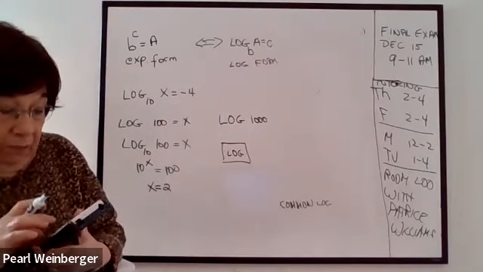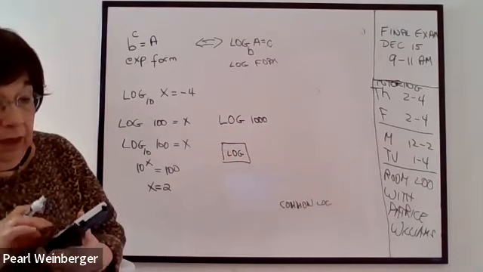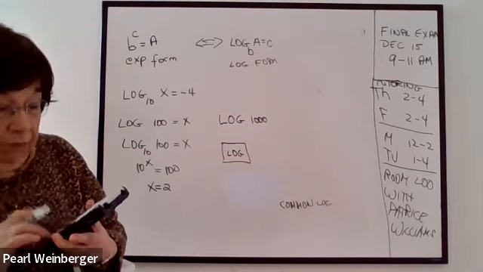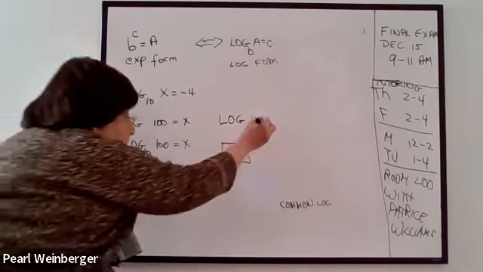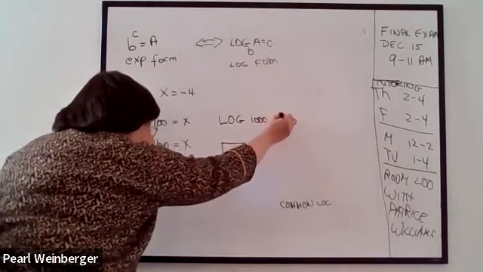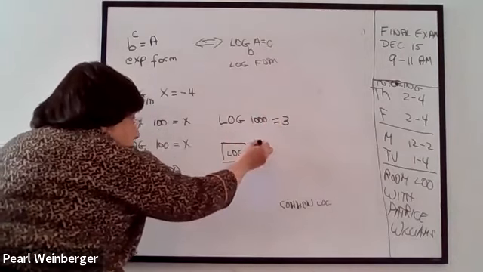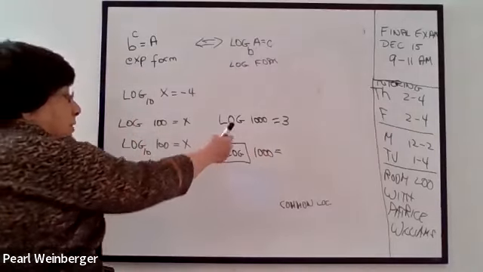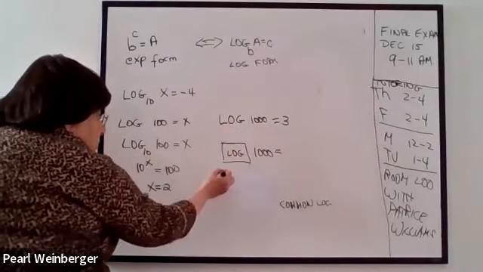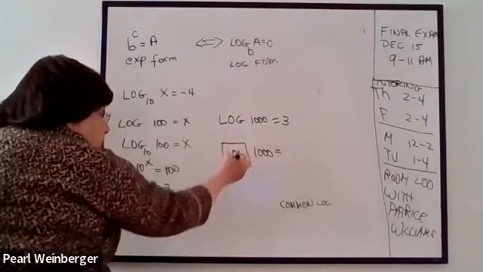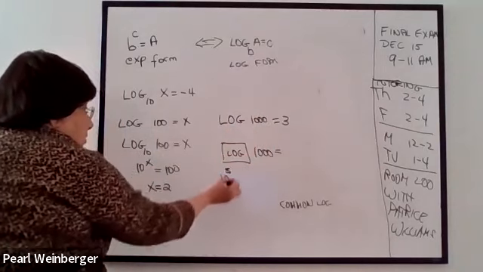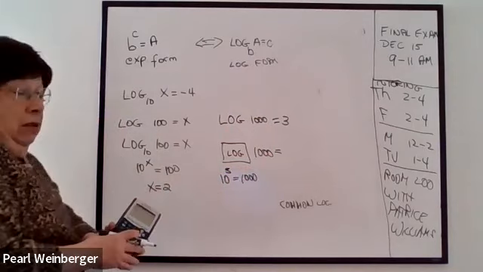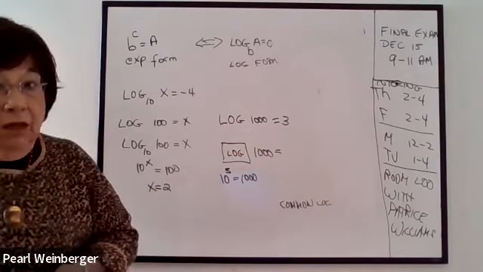So if you push the button log, then put in the 1,000, and press enter, your answer is going to equal 3. And that makes sense, because remember your base is 10, so 10 to the third is 1,000. So you can find common logs right on your calculator.